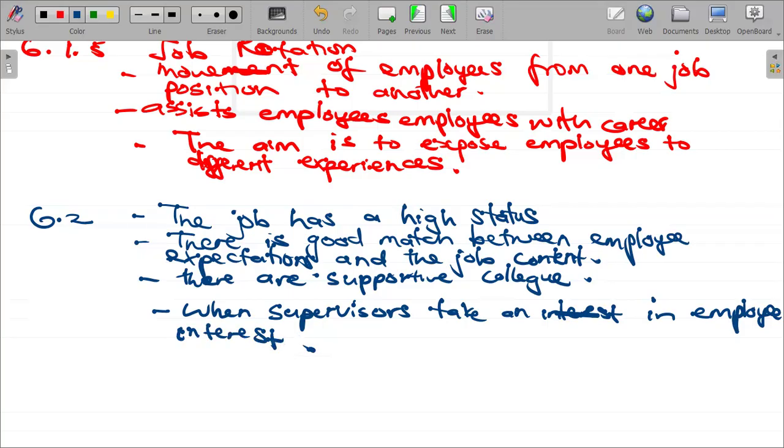And also when job guidance and coaching are provided.